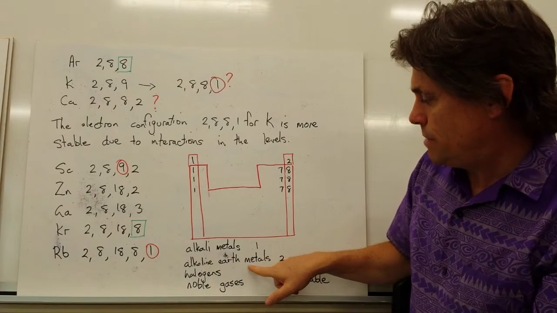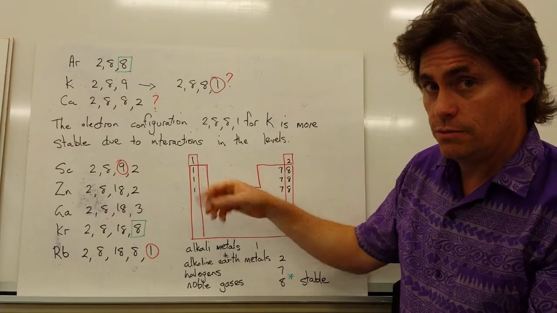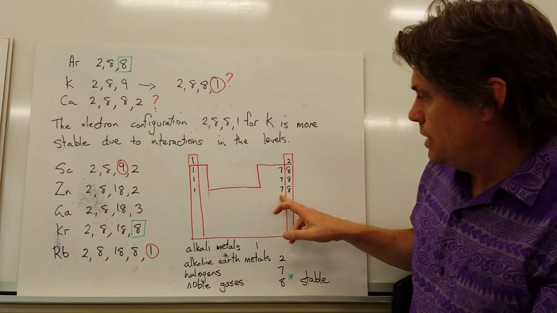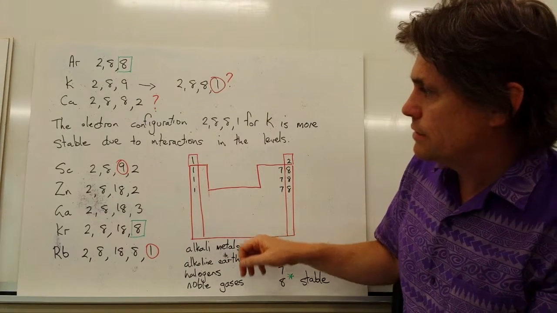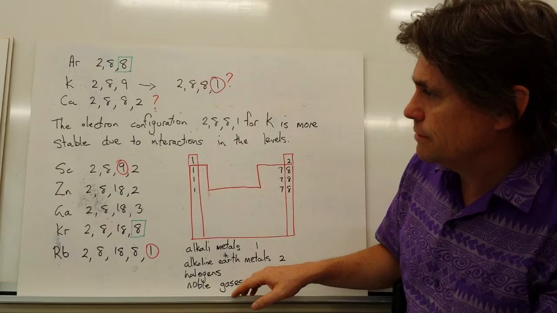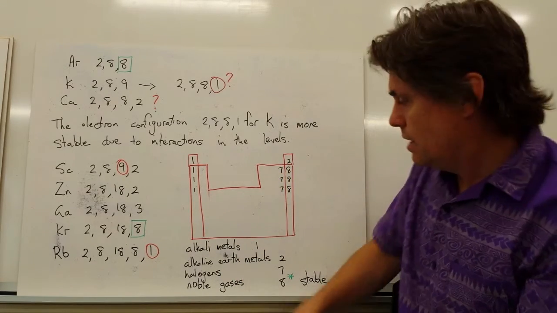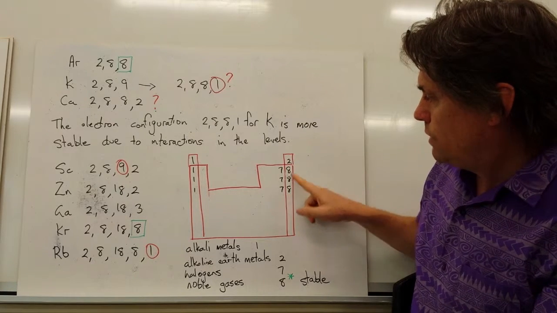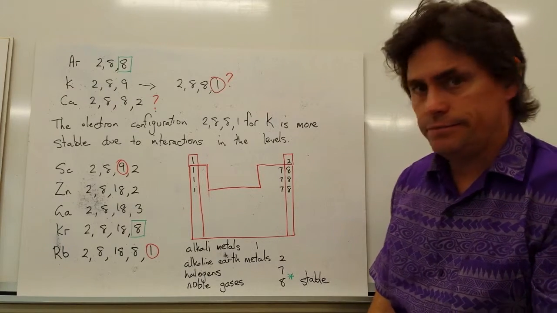Our alkaline earth metals all have 2 in the outer energy level where they've got electrons. Our halogens on the far right hand side all end in 7. And at the far right hand side, with the exception of helium, all of our noble gases have 8 in there.